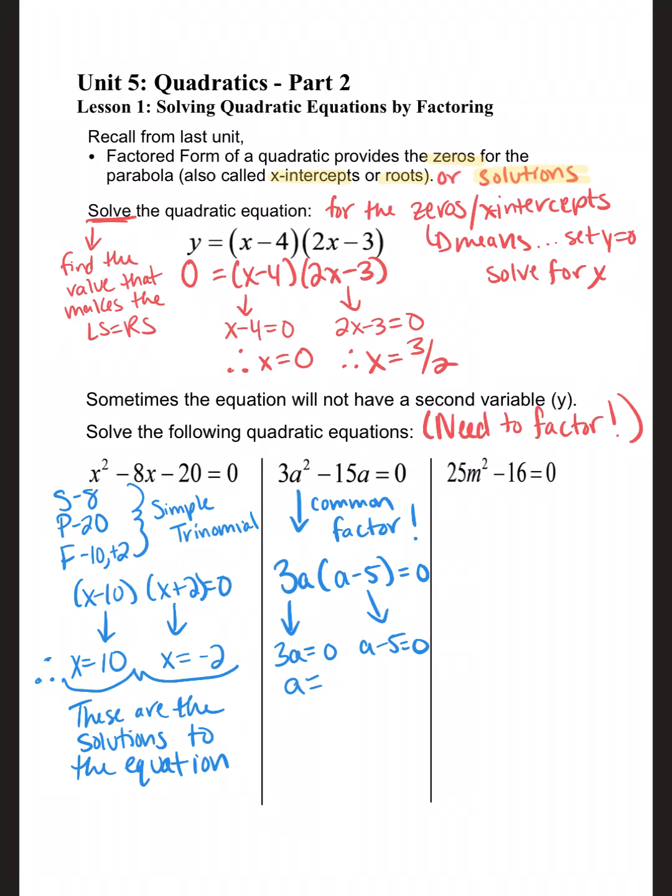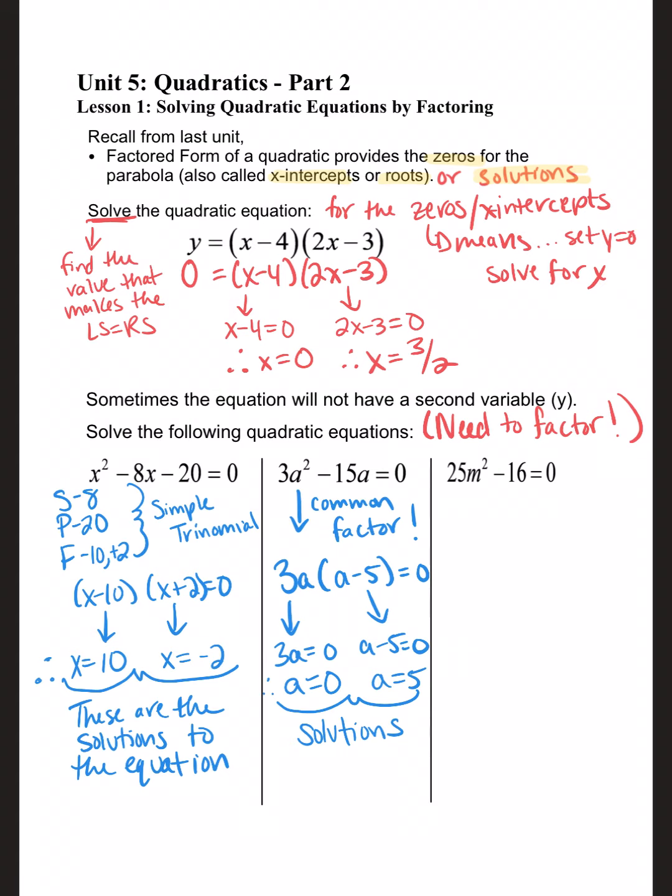So 0 divided by 3 would just be 0, and we would add 5 to the other side. These are our solutions. I want us to get comfortable with recognizing that zeros are just solutions, because we're going to start calling them solutions as we move through this unit.